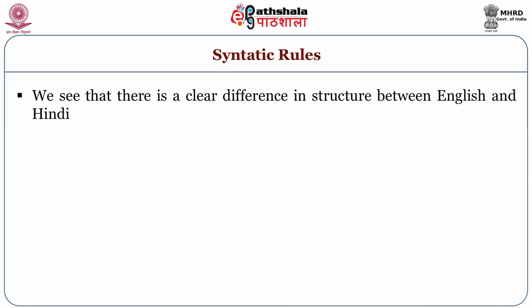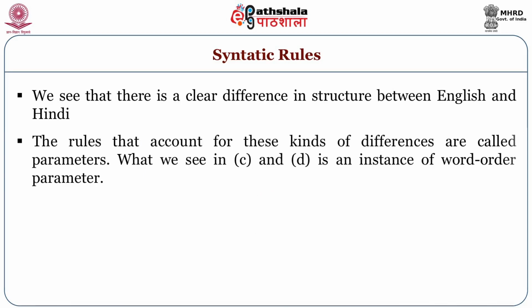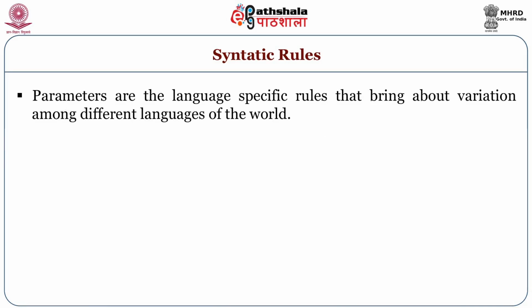We see there is a clear difference in structure between English and Hindi. The rules that account for these kinds of differences are called parameters. What we see in these sentences is an instance of the word order parameter. Parameters are the language-specific rules that bring about variation among different languages of the world.